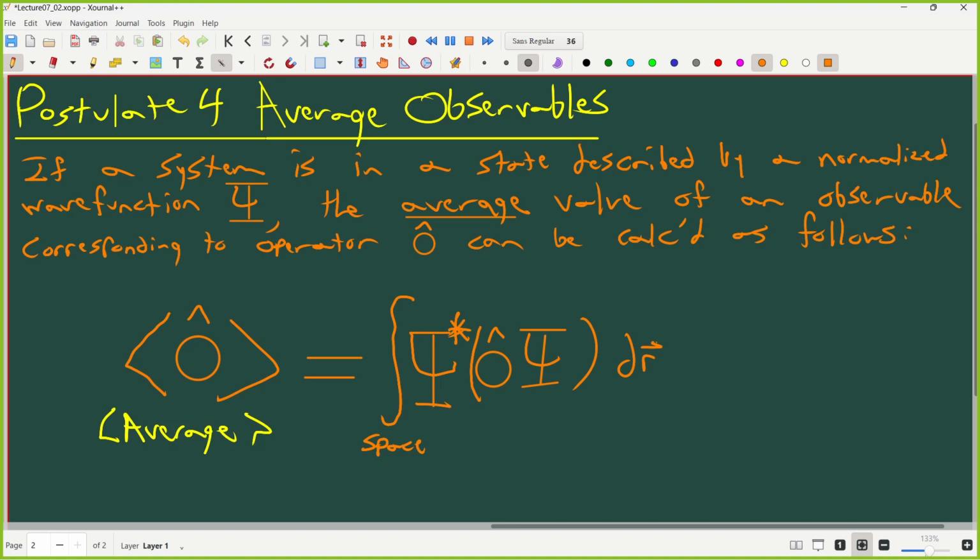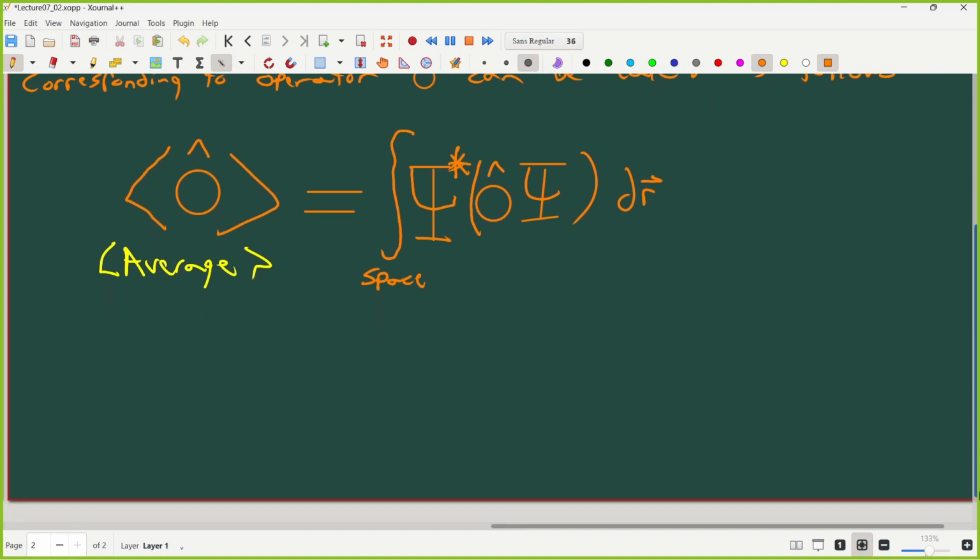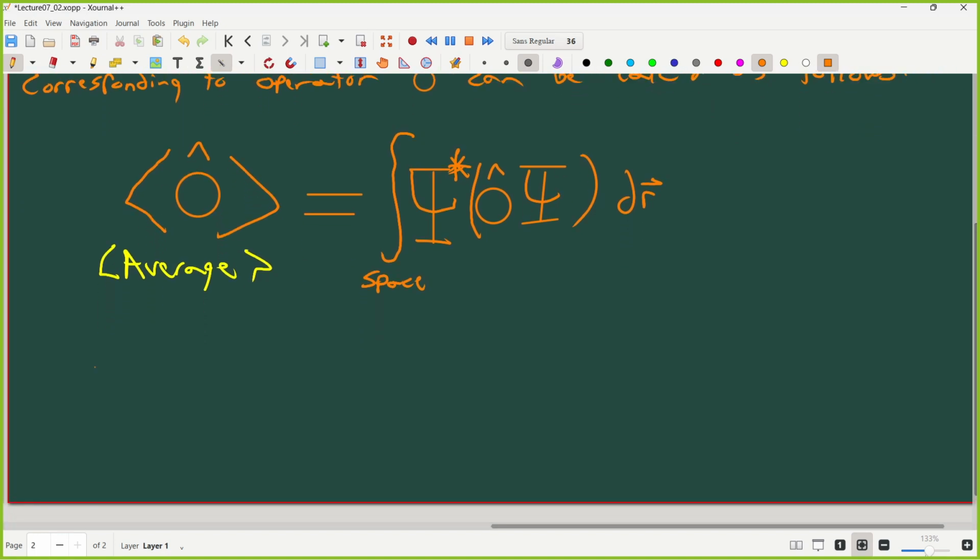For instance, let's take the average position for n equals 1, for the particle in the box. What would this look like?